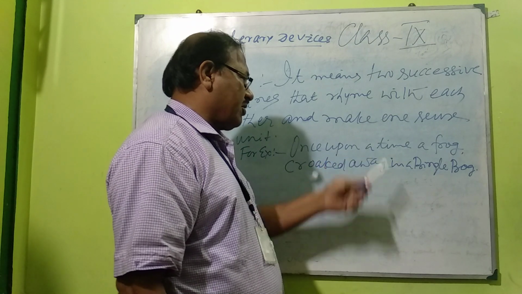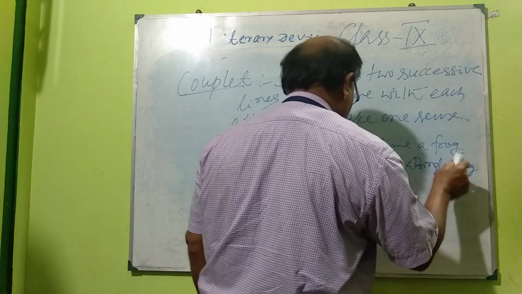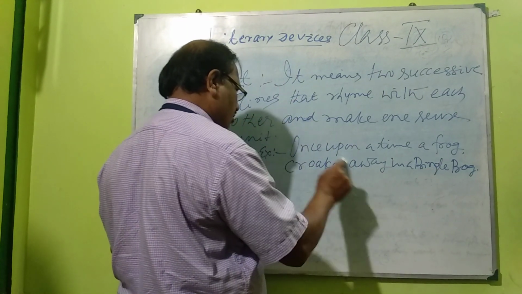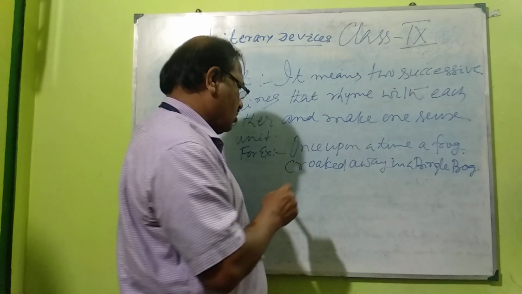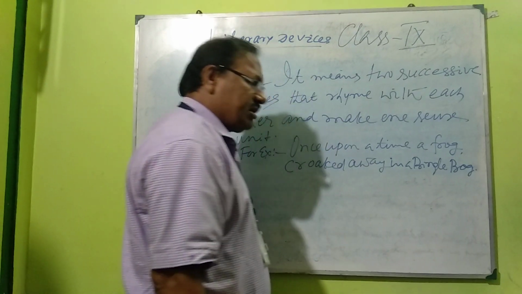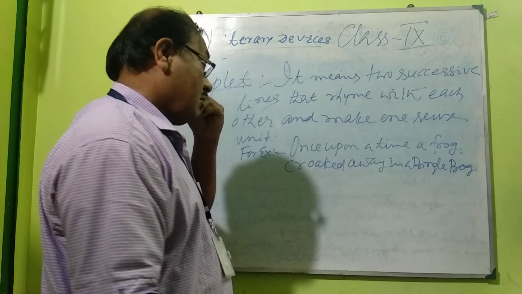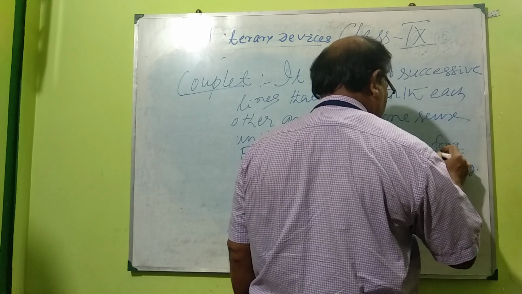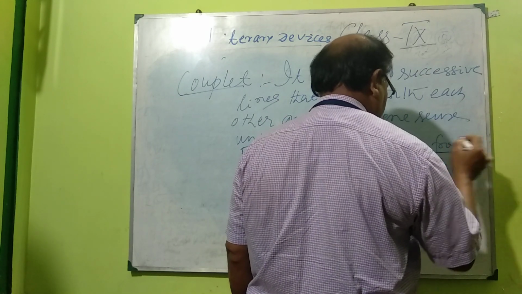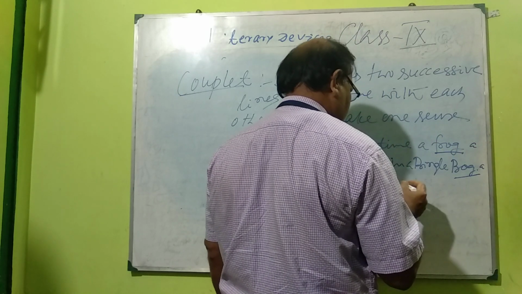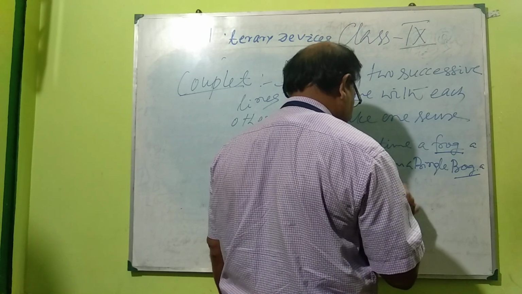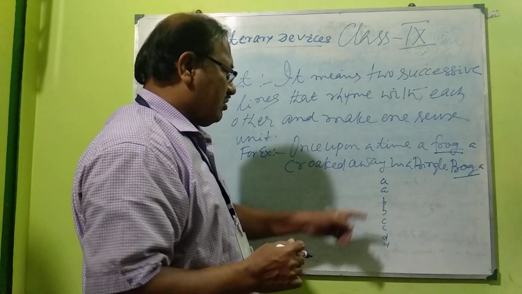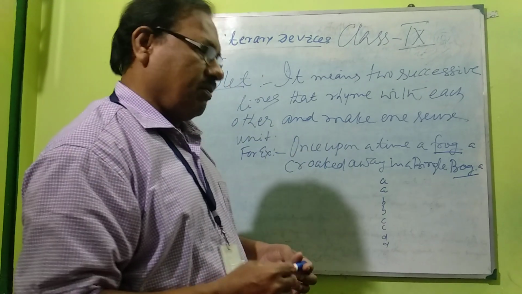Once upon a time a frog, the first line ends with frog. Second line ends with bog. Croaked. The sound made by the frog is called croaked. Croaked away in Binglebog. Binglebog is a marshland, wetland, where the frog croaks day and night. So frog, a. Bog, also a. So this is called couplet. Other example, A, then B, C, D, if they have the same sound, this is called couplet.